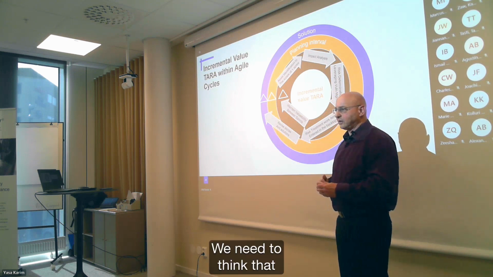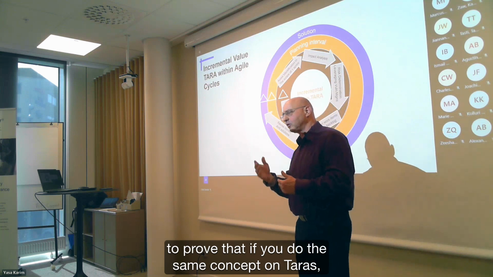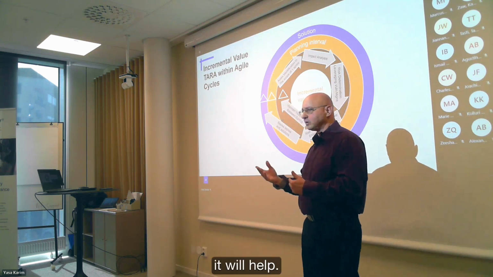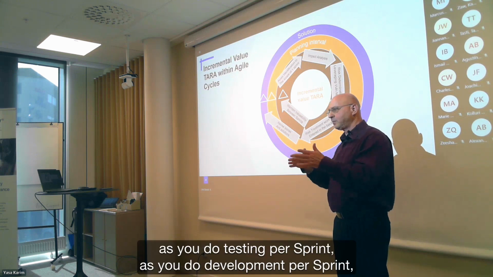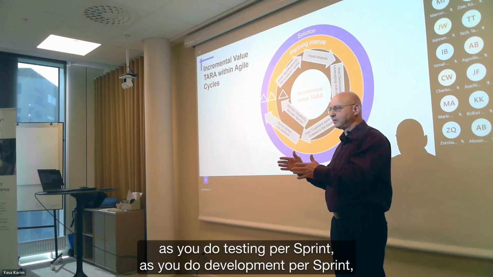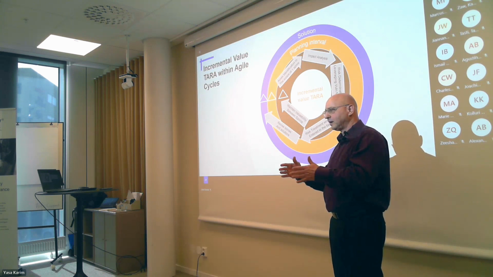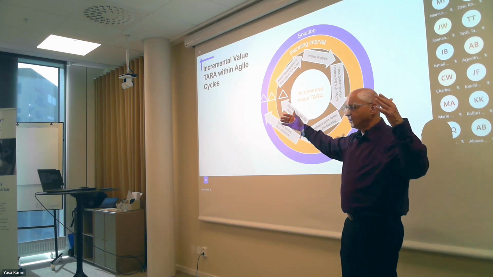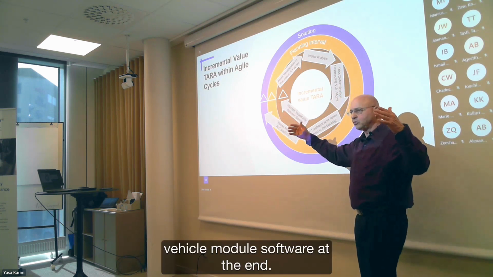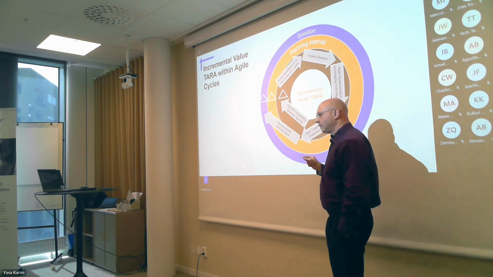We need to prove that if you do the same concept on TARAs, it will hold. That means that if you do TARAs per sprint, as you do testing per sprint, as you do development per sprint, as you do stories per sprint, the TARA will hold, and you will have a safe and secure vehicle, module, software at the end by doing those incremental TARAs.